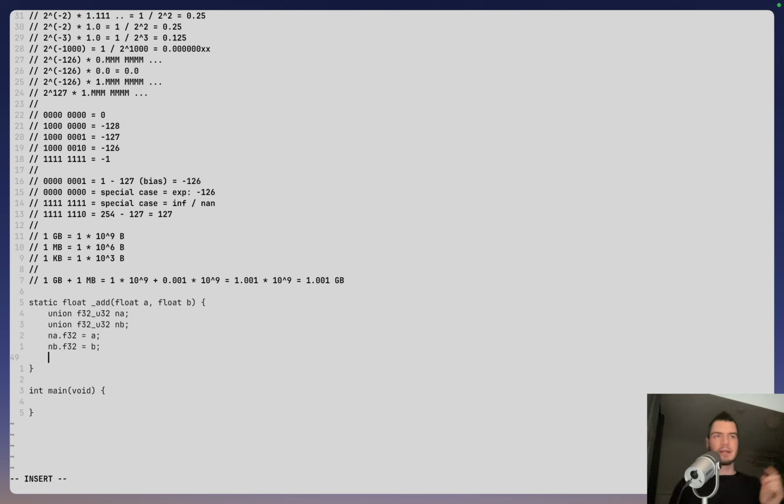Oh yeah, I want to explain why 24 bits. We saw earlier that we had one extra bit that is implicit in the representation, where we multiply 2 to the power of exponent times 1 point and then the mantissa bits. And we do actually need to include that one leading bit when we add the two mantissas together.